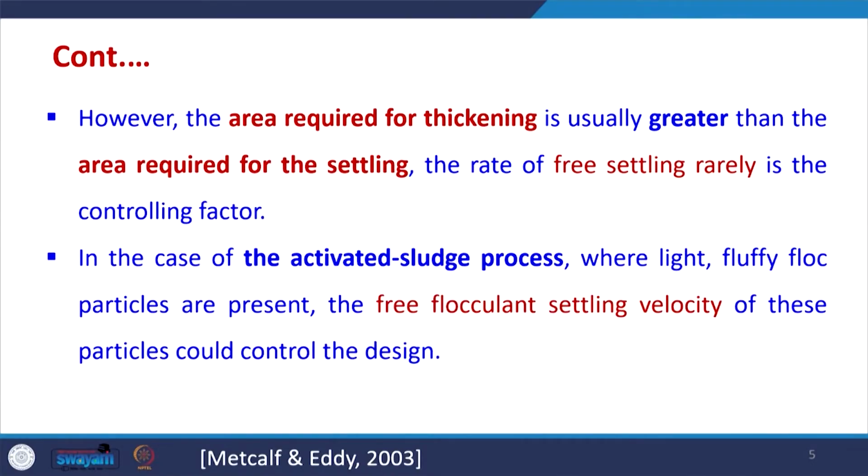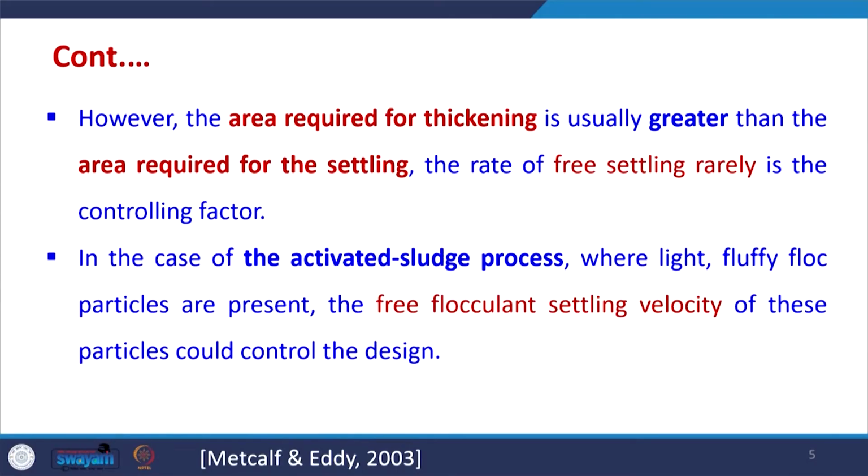Now, generally the area required for thickening will be much higher than the area required for clarification, and whichever area is higher is taken for the design of the settler. The free settling velocity, which is true for discrete or sometimes flocculant settling, will rarely be the controlling factor for high concentration slurries.